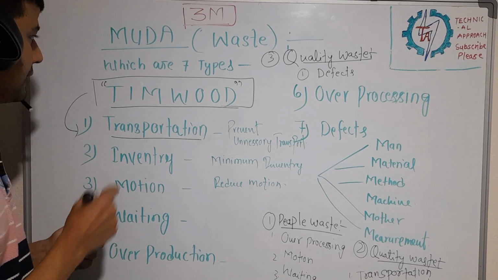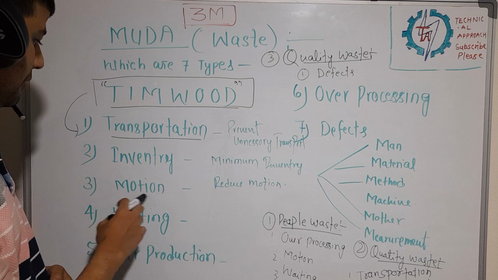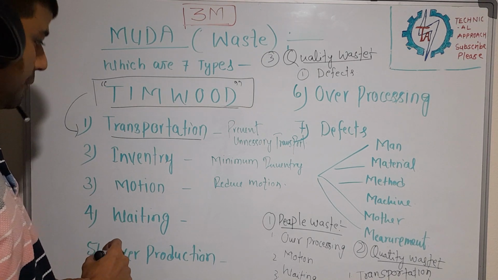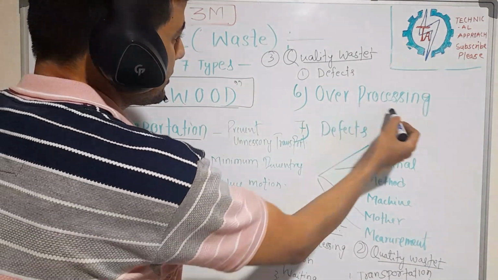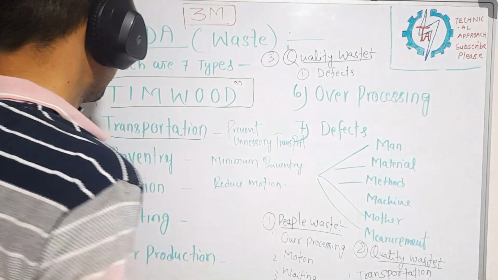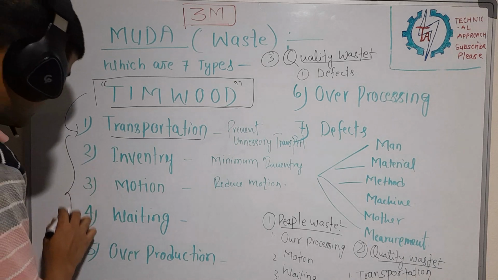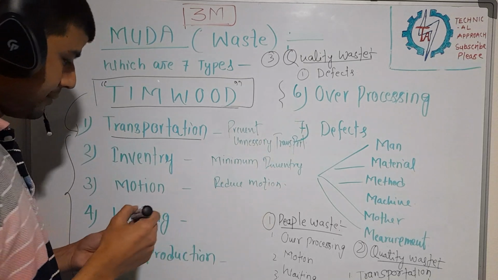The I means inventory, M for motion, W for waiting, and O overproduction. Again O, this is overprocessing, and the last D is defect. So these are the 7 types of waste.